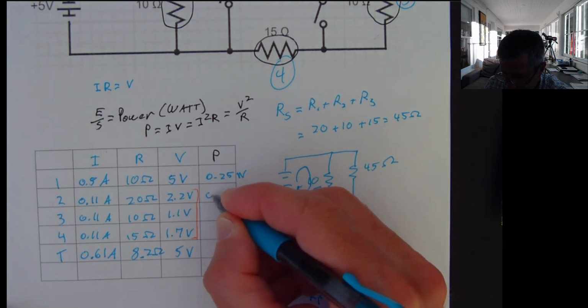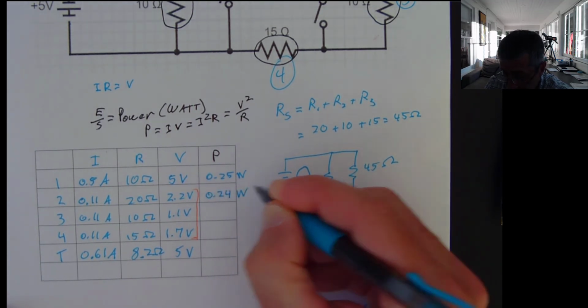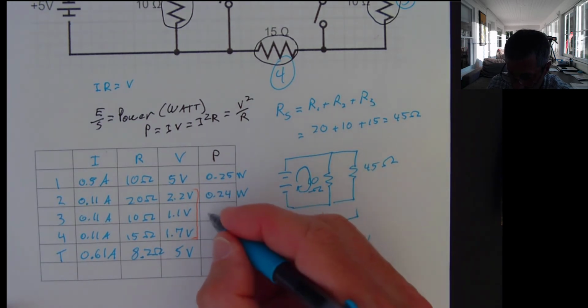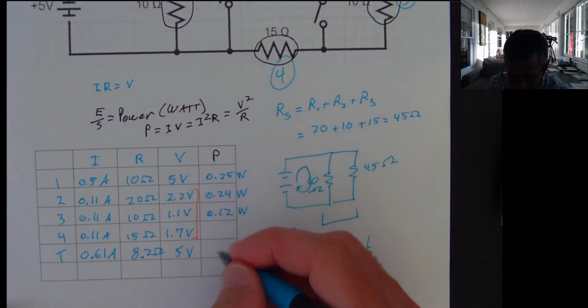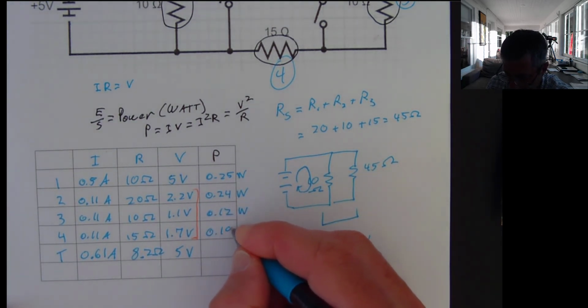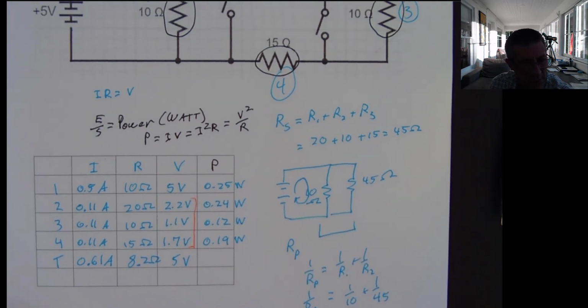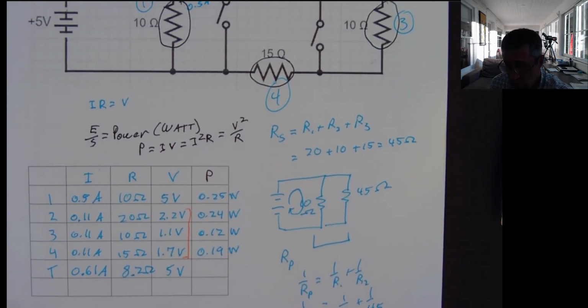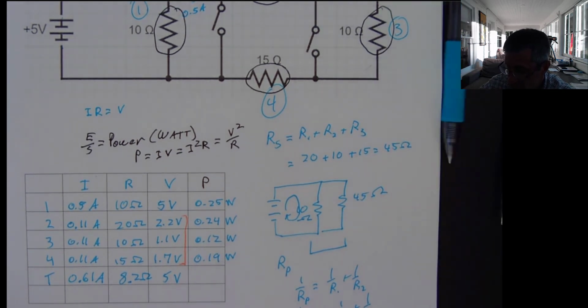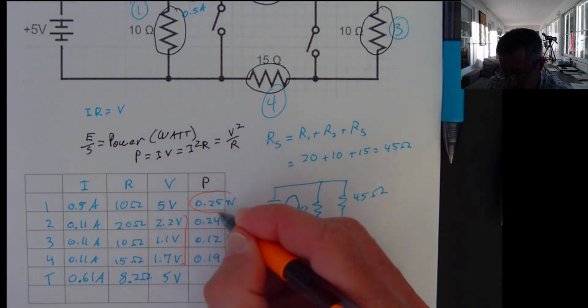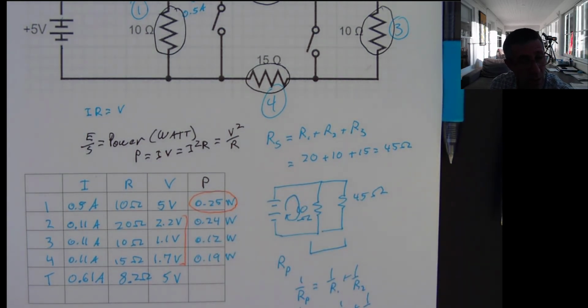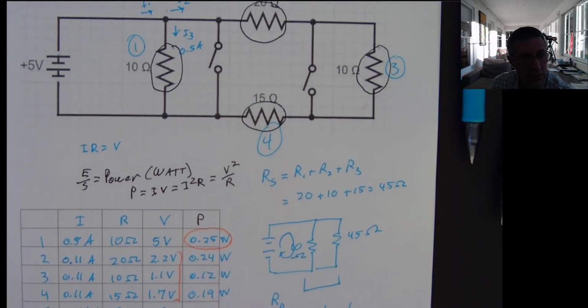I'm going to have 0.24 watts of power produced at the second one, 0.12 watts, and what's the last one? I got 0.19 watts of power. So this is energy that's being dissipated in my circuit. And if I was interested in which one is the brightest, that's going to be the one that has the largest amount of power. And power is the energy use per second.